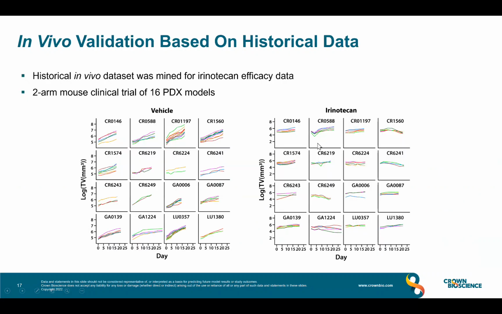Next step, we collected our own historical in vivo dataset for irinotecan. This is a two-arm mouse clinical trial of 16 PDX models involving colorectal cancer, gastric cancer, and lung cancer, 3 solid tumor types.